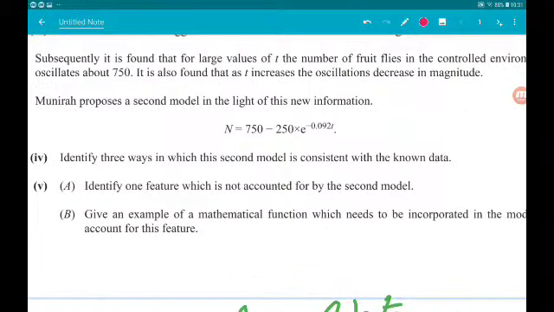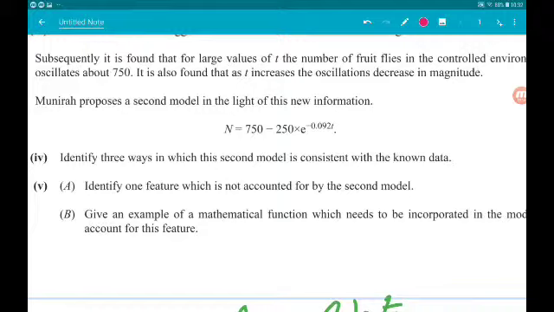Okay, subsequently, it is found that for large values of t, the number of fruit flies in the controlled environment oscillates about 750.